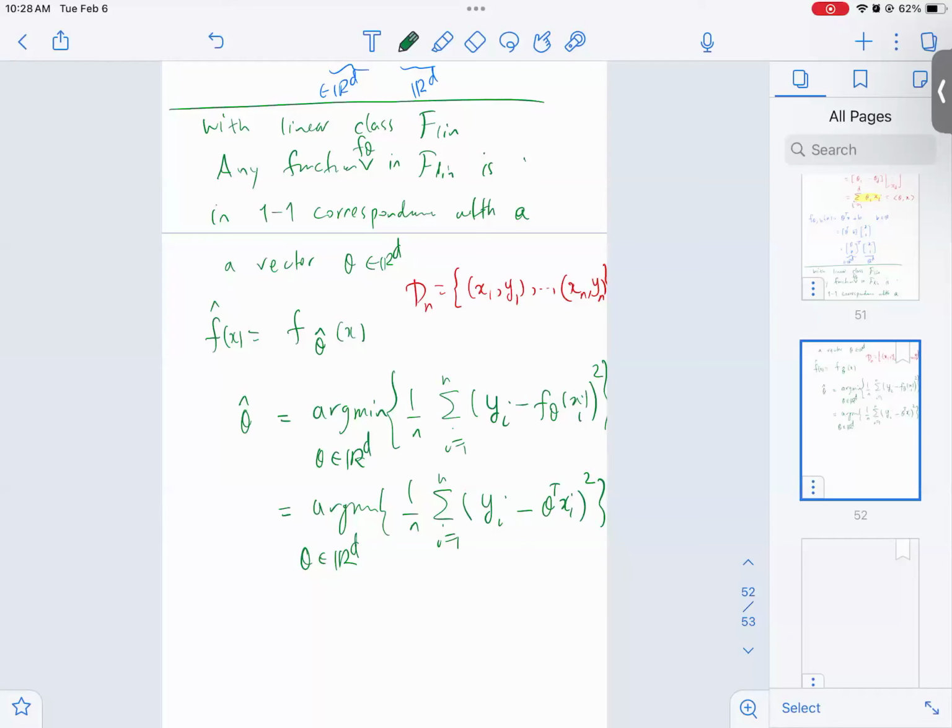Yes. You said that by restricting our f to a certain domain, we'll get rid of the curse of dimensionality, right? Yes. But here we still are dealing with theta belongs to R^d. Yes, theta belongs to R^d, but the curse of dimensionality is not that the parameter is in R^d, because the data is also in R^d, right?